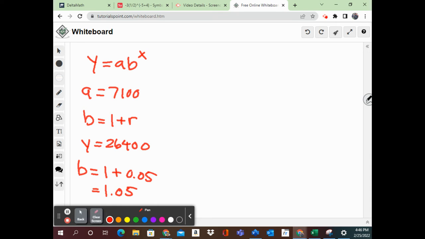So right now, we have it set up already. We have our A. So let's go ahead and start working on our problem. So our Y is 26,400, equal to our A, which is 7,100, times our B, which is 1.05 raised to a power of X, right?